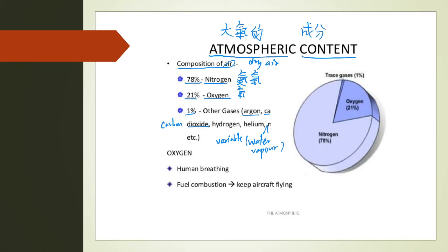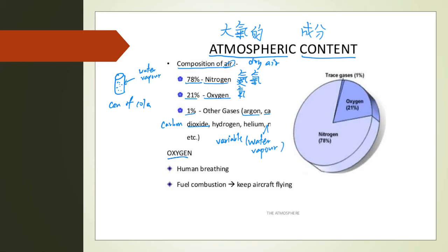For example, if you drink a can of cola, you may find that there are water droplets outside the cold can, and this basically comes from the water vapor in the air. So that's why there's some water vapor.